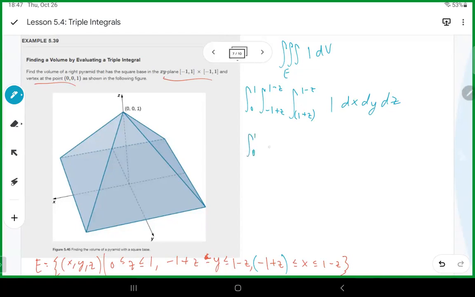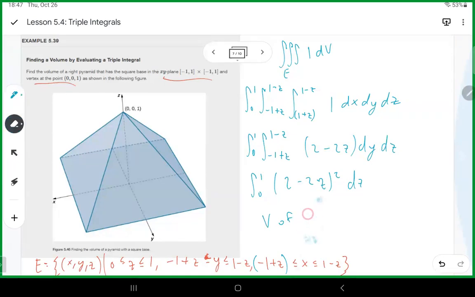0 to 1, negative 1 plus z to 1 minus z, and then 2 minus 2z dy dz, and then 0 to 1 of (2 minus 2z) squared dz. So then if you finish it out, you're going to end up with the volume of the pyramid.